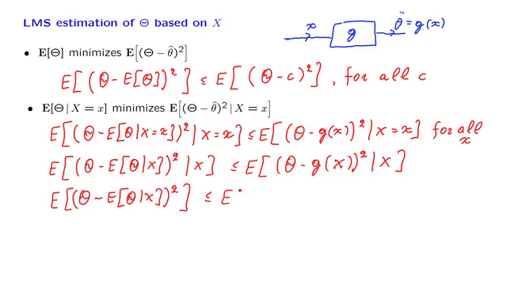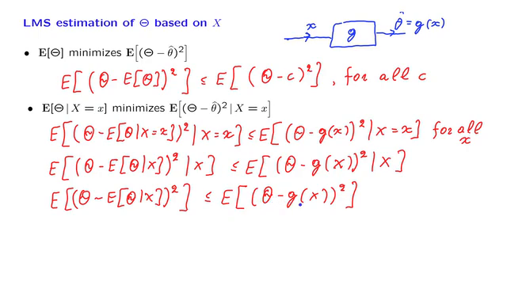Using again the law of iterated expectations, we obtain this relation here. And what this inequality is saying is that the overall mean squared error, if we use the conditional expectation now as an estimator, is less than or equal to the mean squared error that we would obtain if we had used any other estimator.